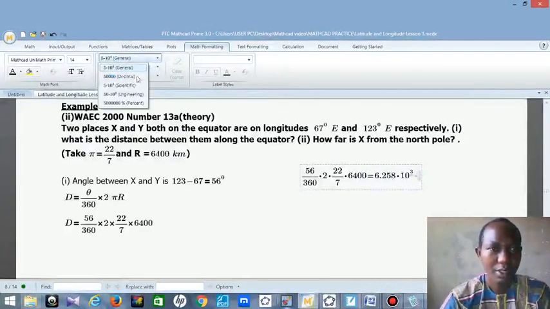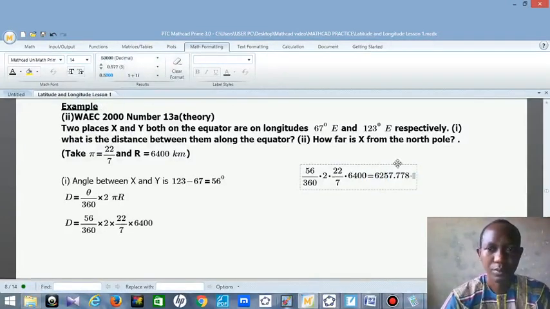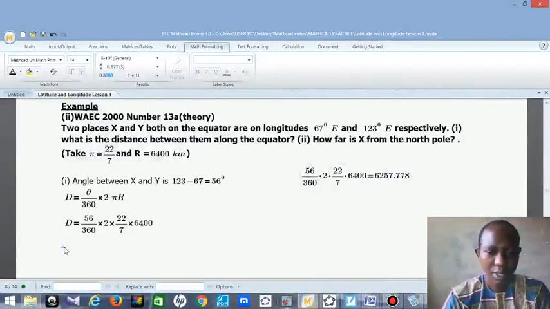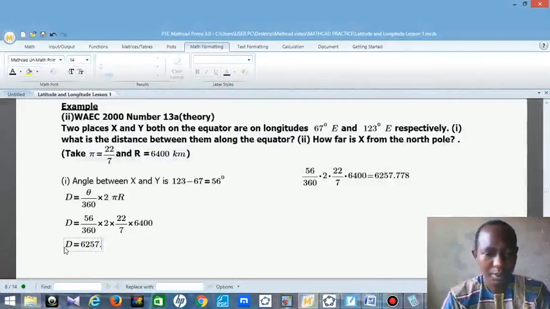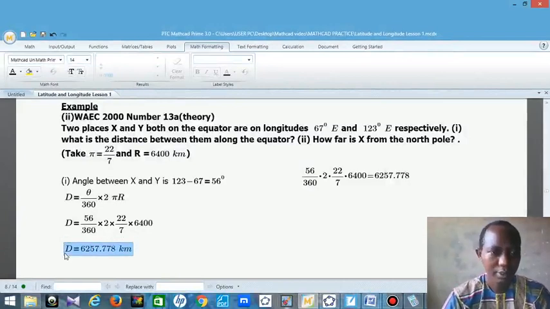Let's put it in decimal. So this is the answer for the distance between x and y, which is capital D, equals 6257.778 kilometers. So this is the first answer.